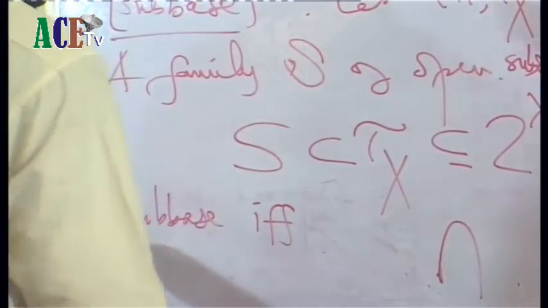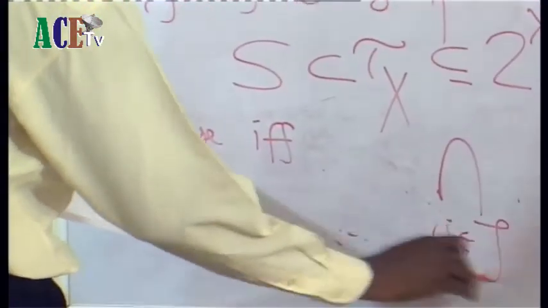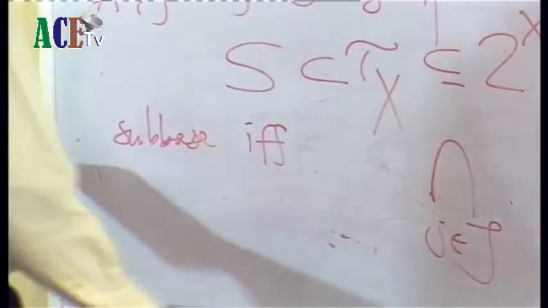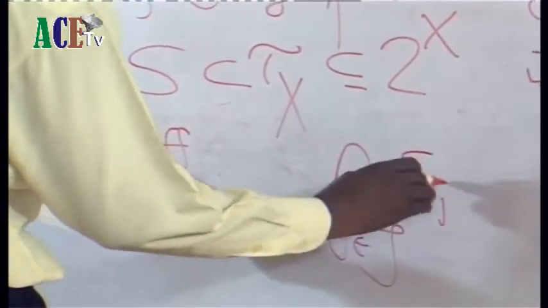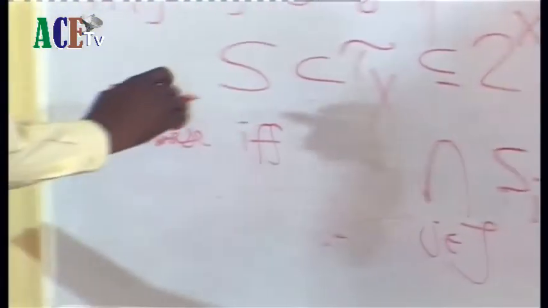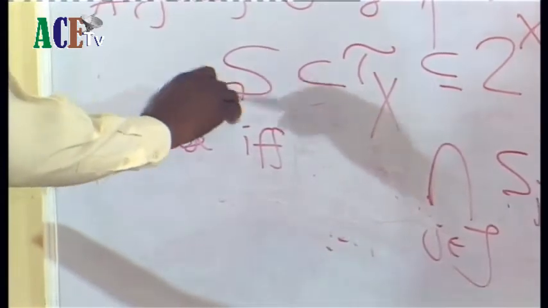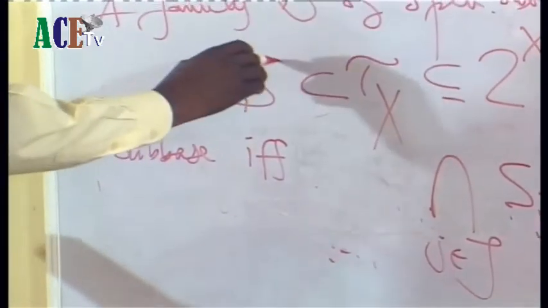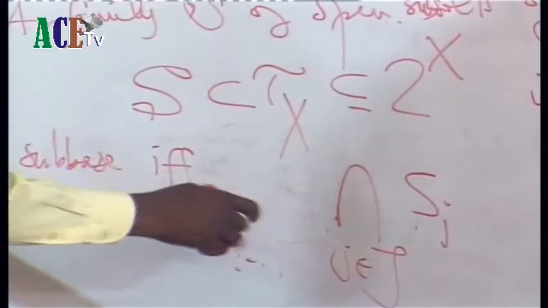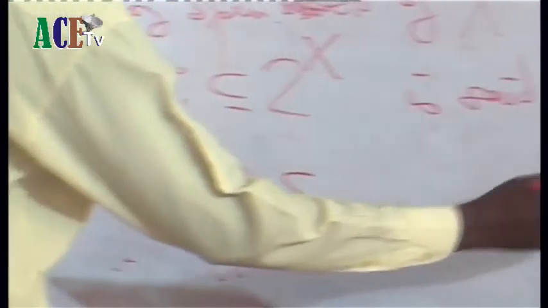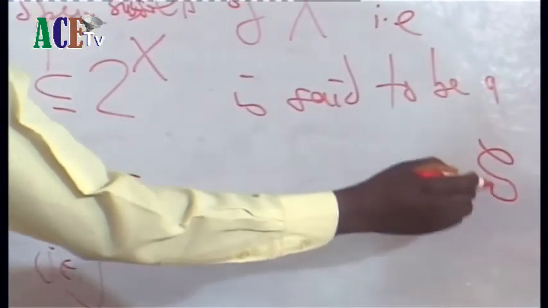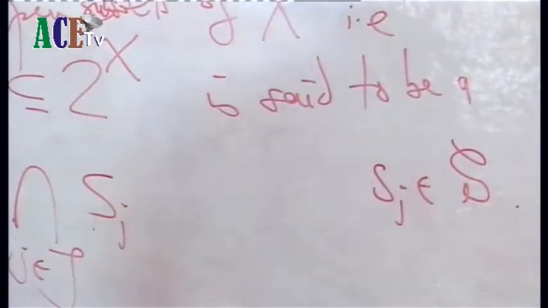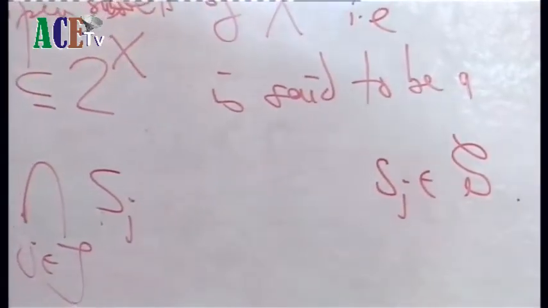the intersection of S_j's. Now, let me say that this S here is different from this. These S_j's lie inside the curly S that we have here.